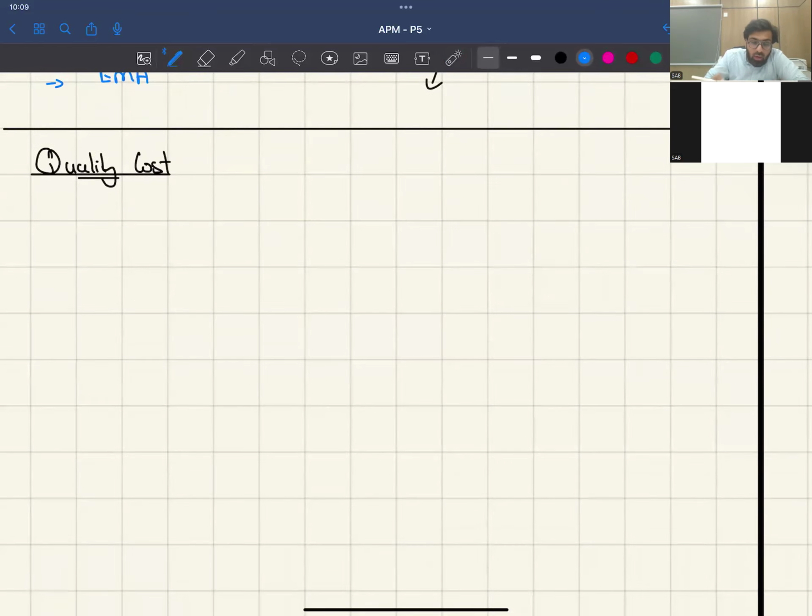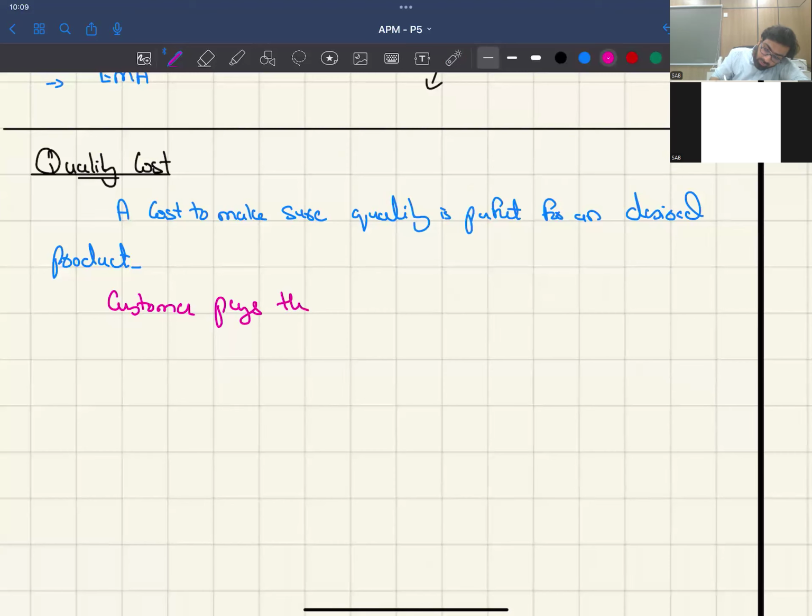See, quality cost is basically a cost to make sure that quality is perfect for a desired product, right? Guys, believe me, customer pays for quality, right? The customer pays the price, mentioning quality.